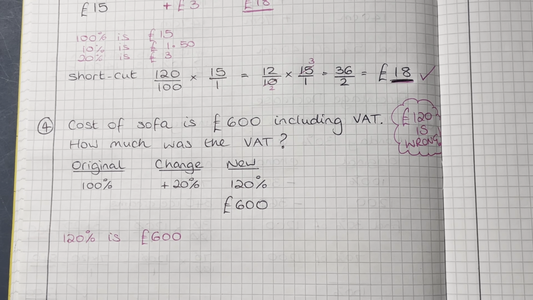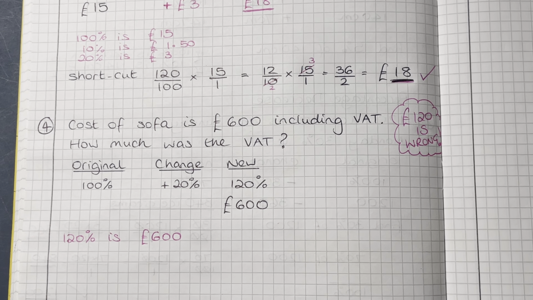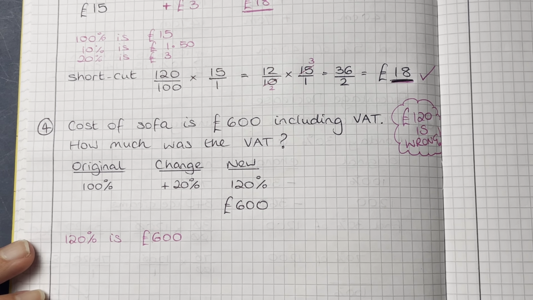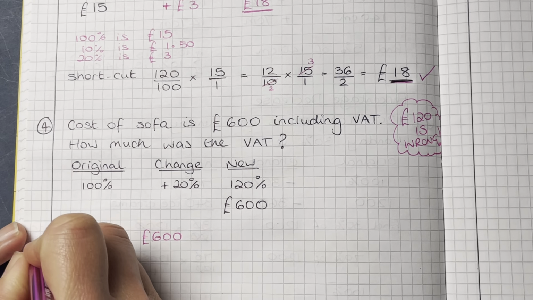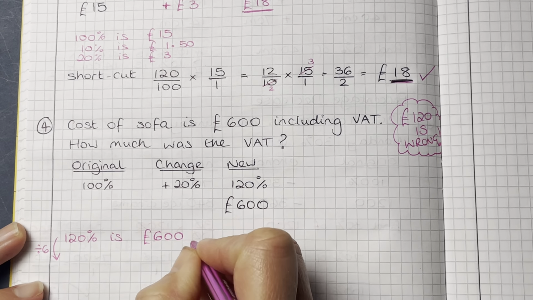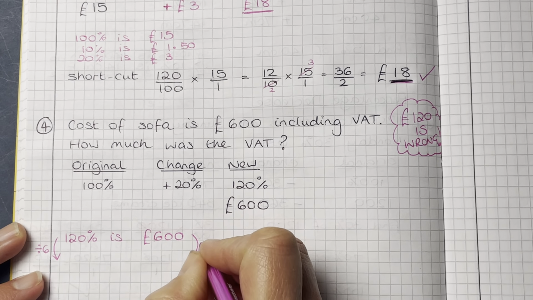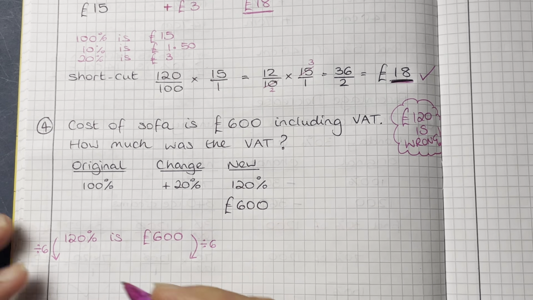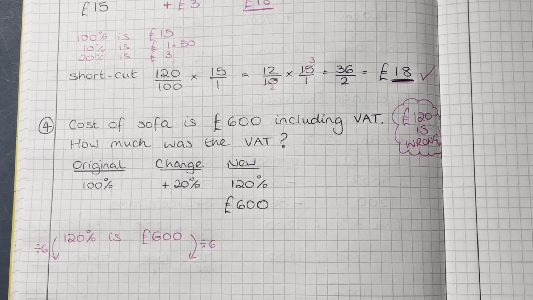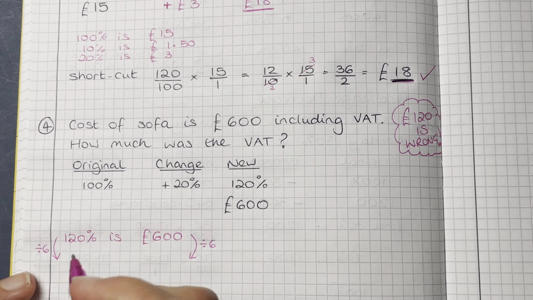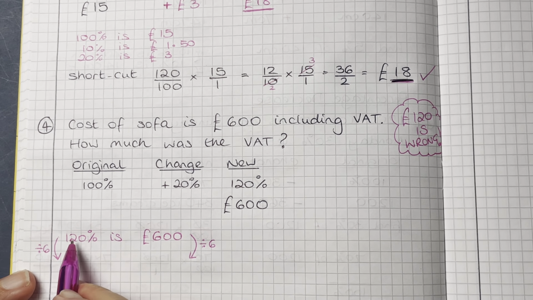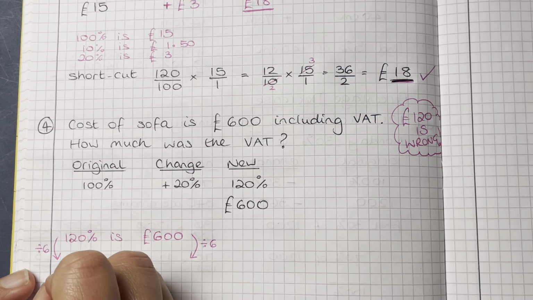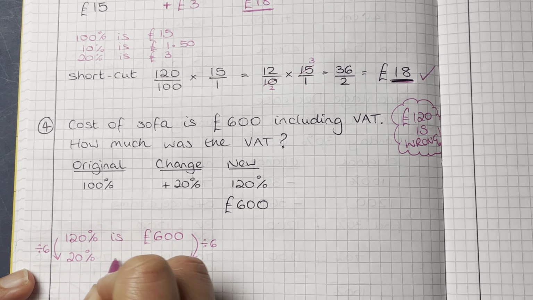So I'm thinking I could divide by 12 to get 10%, or I could divide by 6 and get 20%. So I'm going to divide by 6 on both sides. Now again, if you're not sure, you can break it down. You could divide by 2 and then divide by 3. You don't have to do it all in one go, but 120% divided by 6 gives me my 20%.